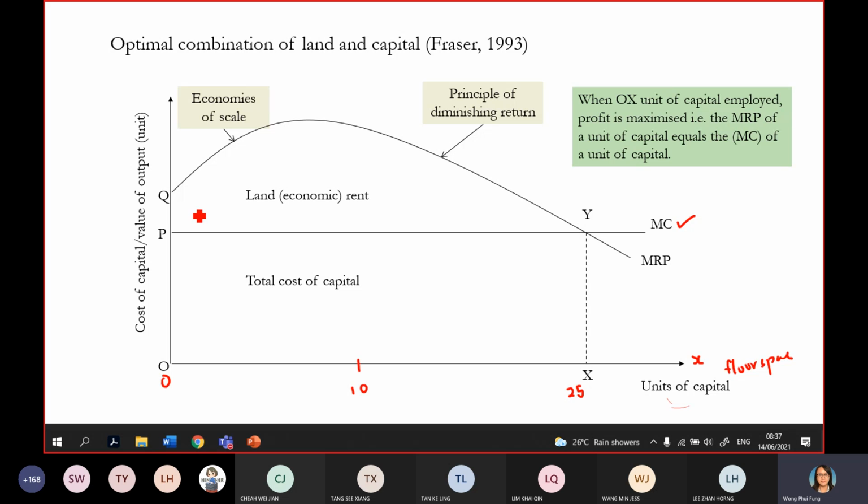Okay, so MRP, as I mentioned just now, increases at the beginning due to economy of scale. There is a cost saving when you build higher, because you use your labor, your workers, your machines, and your materials efficiently. Why is building higher better at the beginning?